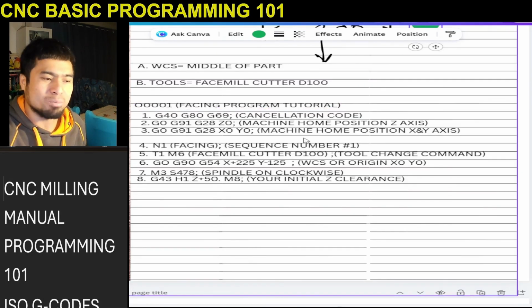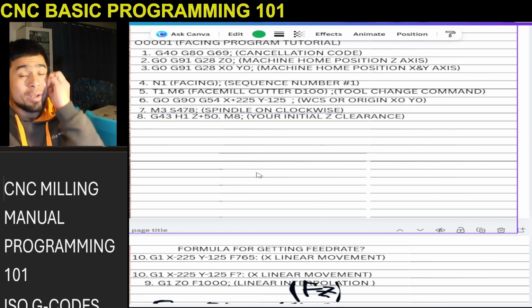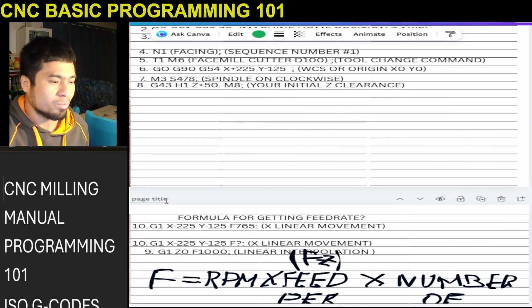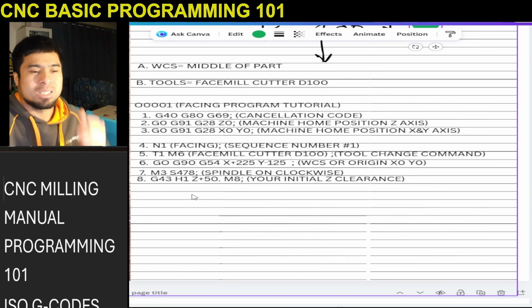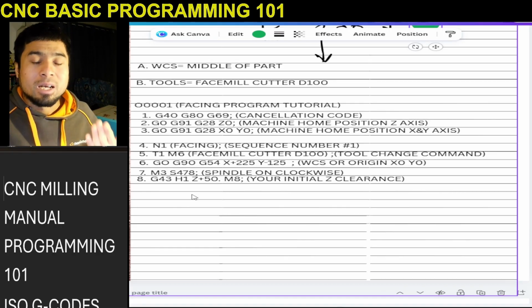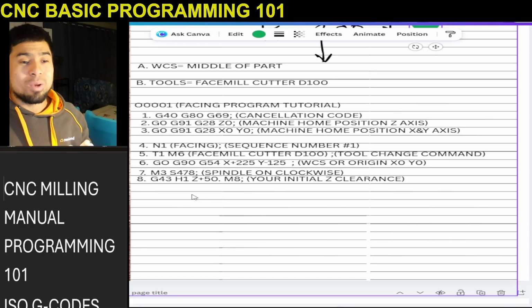So now from that position, we will move going to Z0, and that requires G1. G0 equals rapid, it will move very quick, and G1 moves, it requires feed rate. When it says G1, it always asks for feed rate.